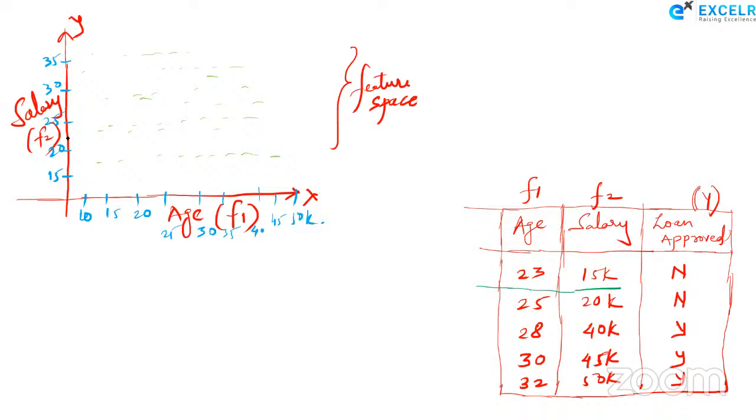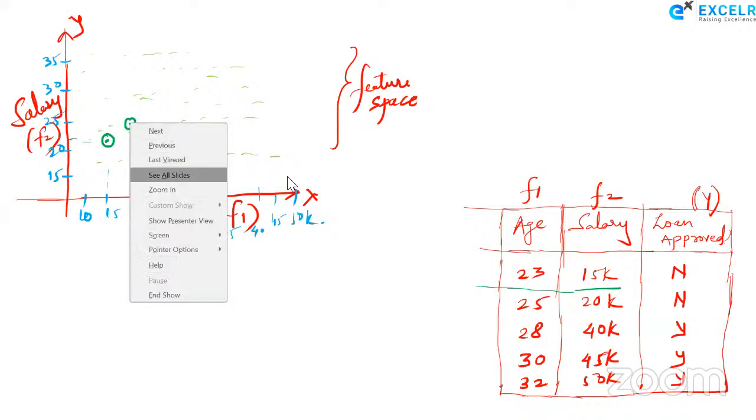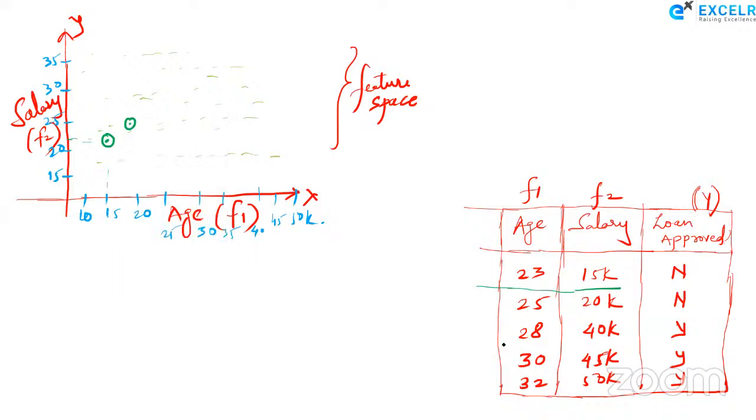So age 23 is somewhere over here, salary 15K, so this data point will be over here. Second data point, age 25, salary 20K, somewhere over here. Then the third, 28 age and 40K salary.